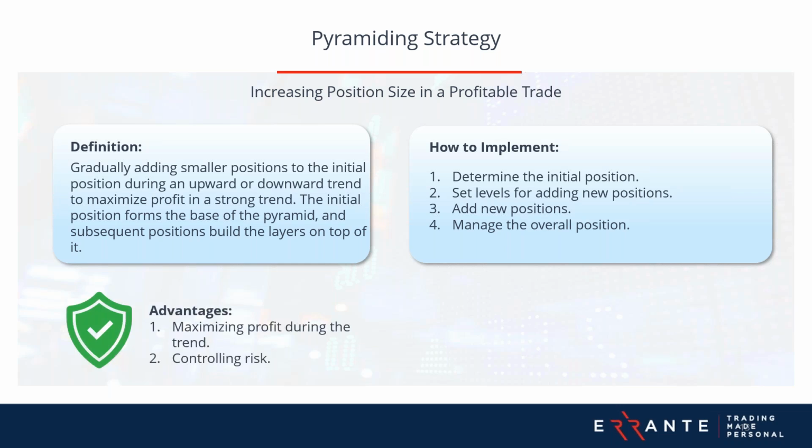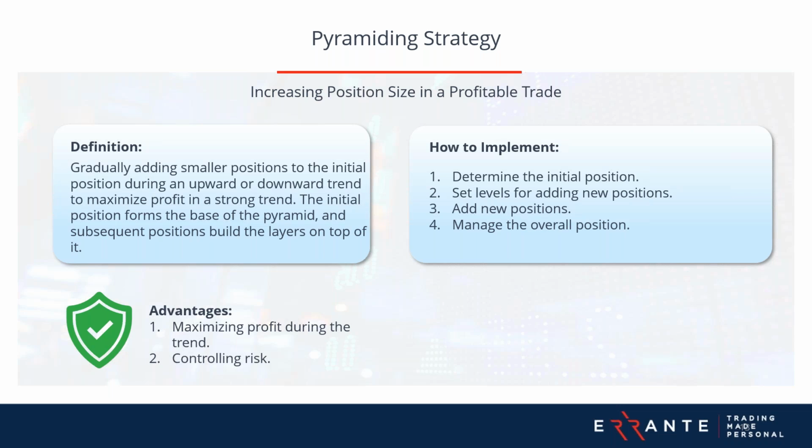Let's mention some of the advantages of this strategy. Pyramiding enables you to amplify profits by leveraging the prevailing trend's strength by adding to your position as the price moves favorably. You capitalize on market momentum without taking on excessive initial risk. This strategy allows you to build on your success layer by layer, maximizing your returns from the trend.